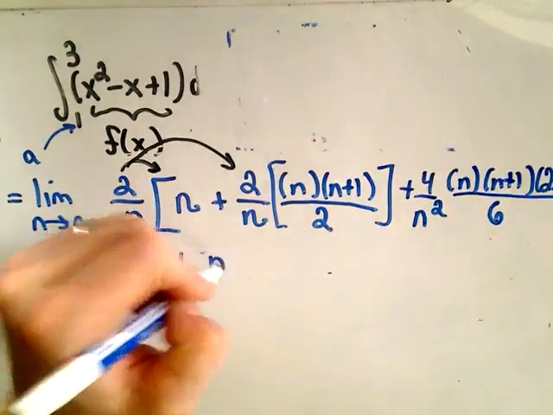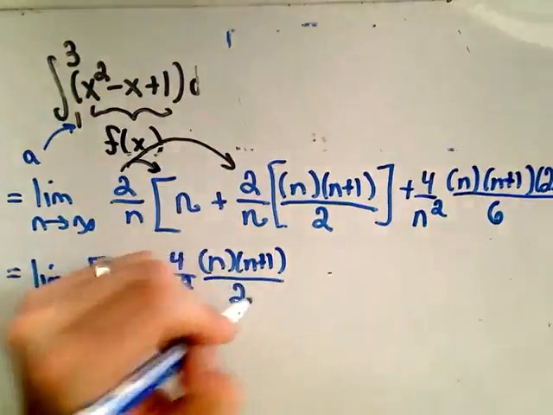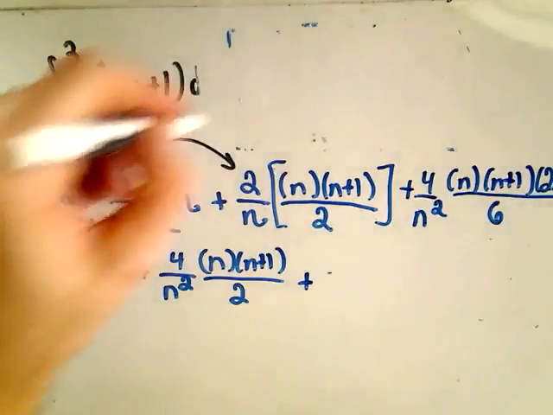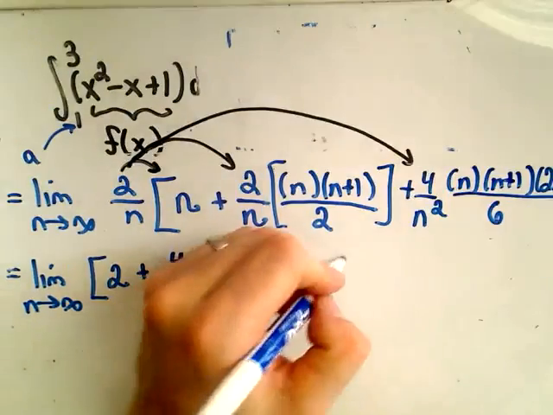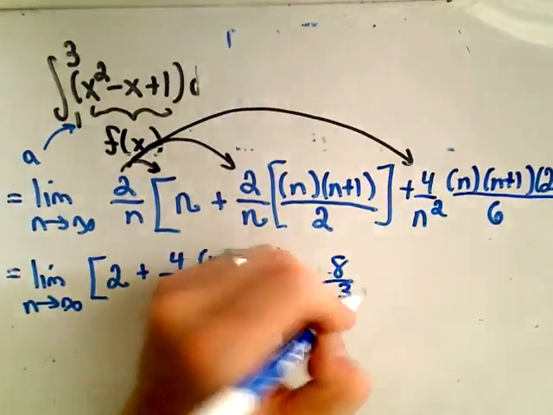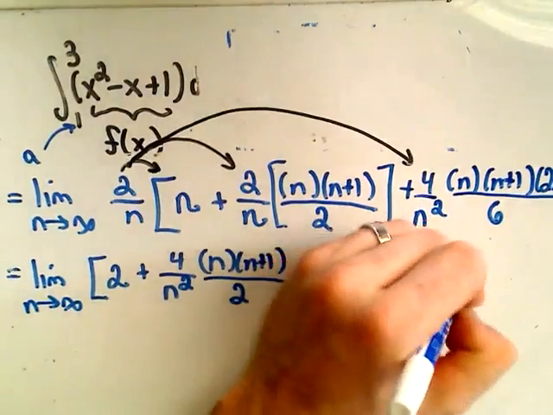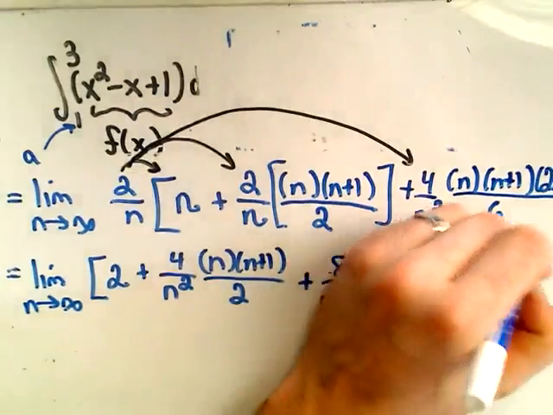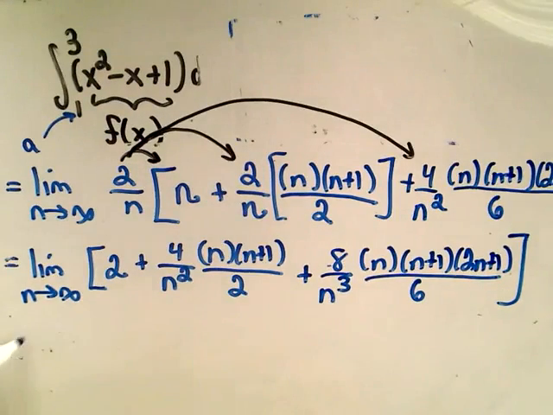And then we still have n times n plus 1 over 2. And then if I distribute it to the last piece, we'll have 8 over n cubed. And then we have n times n plus 1 times 2n plus 1 all over 6. And let's close off our brackets. Okay, so we're almost there.